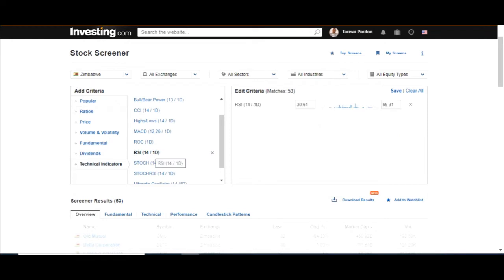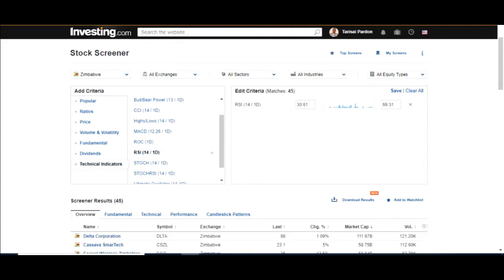By clicking on RSI, it will be moved to the edit criteria where I can edit the RSI range. And from here you can see that the moment I picked RSI and the criteria started from 30, already my matches have dropped down to 45.